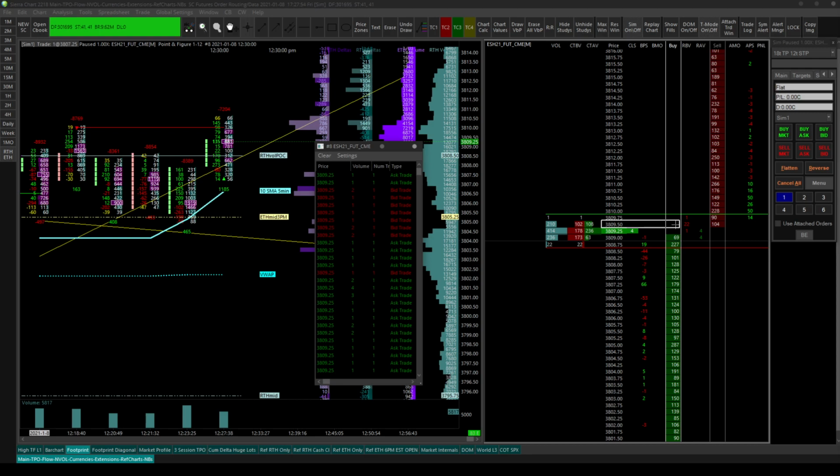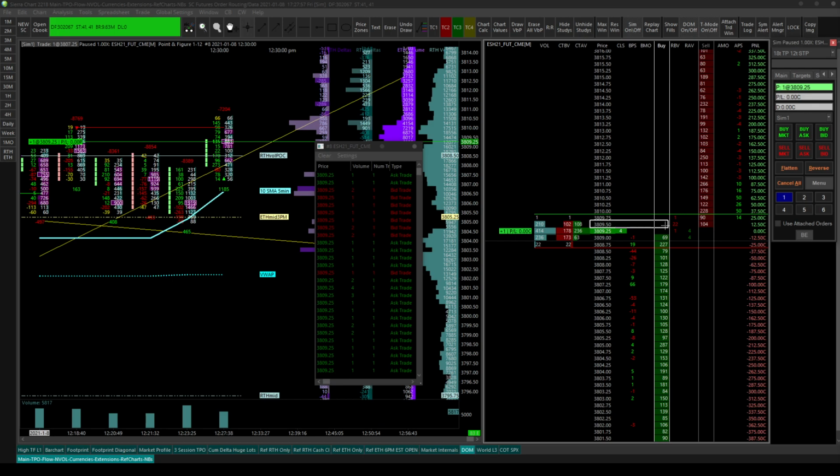I would click on my depth of market here on the buy side, and boom, if this were not a simulation, I would have contributed a volume of 1, and it would show up here as an ask trade. So the bid trade would be the opposite, right? It would be someone coming over and selling into this bid.